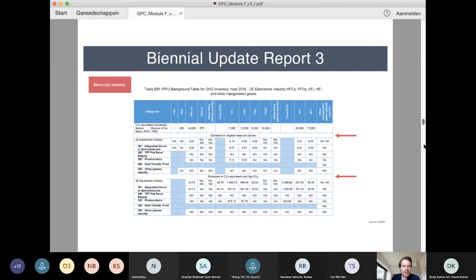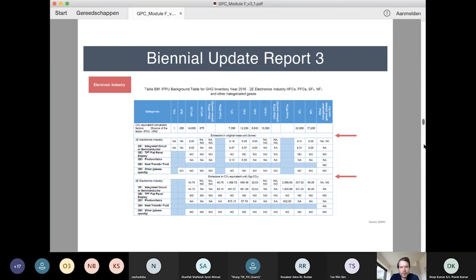We then move on to the electronics industry, 2E, and you'll see the table split into two. We've got the same subsectors reported in two different ways. One is emissions in individual mass units, for example in tons of methane, tons of SF6, tons of N2O.